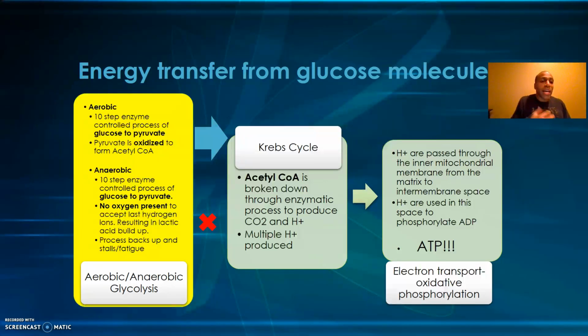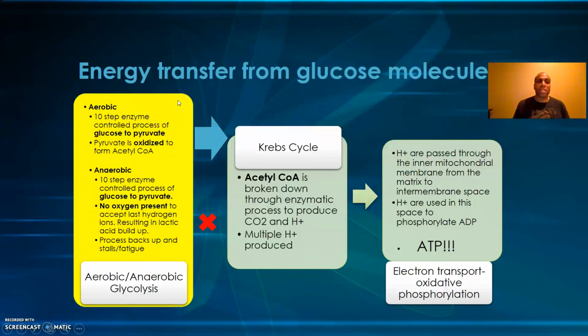And the lactic acid buildup backs up, and that's when we stall and fatigue, and we cannot move into this next section here. So there is ATP production through anaerobic glycolysis, but it's definitely not as much as it would be through aerobic glycolysis.